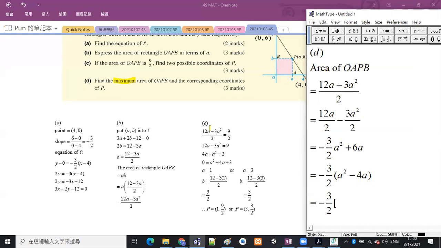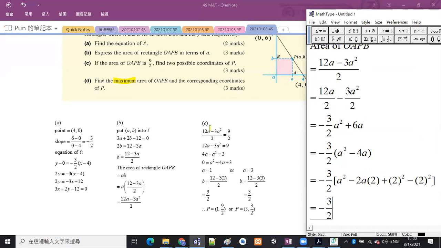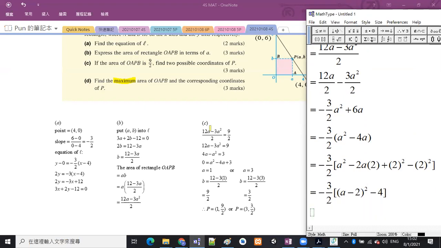Okay, so this is the A that we have taken out, and then we are going to change the middle term to be 2xy. This x square minus 2xy is 2. Okay, and then plus y square minus y square. And then the first three terms will be changed to a perfect square. That is x minus y bracket square, and then minus 4. And then we just multiply the external number back to the square bracket.